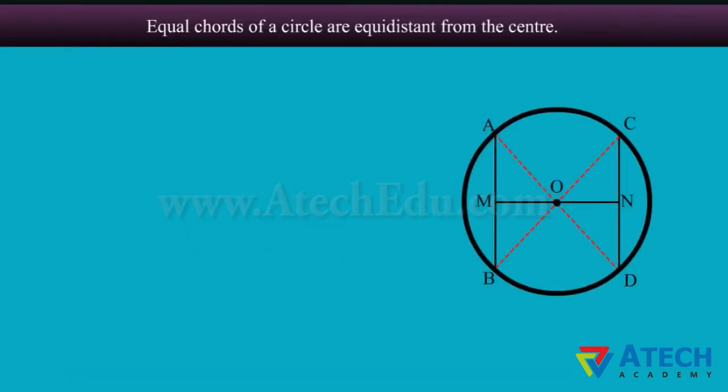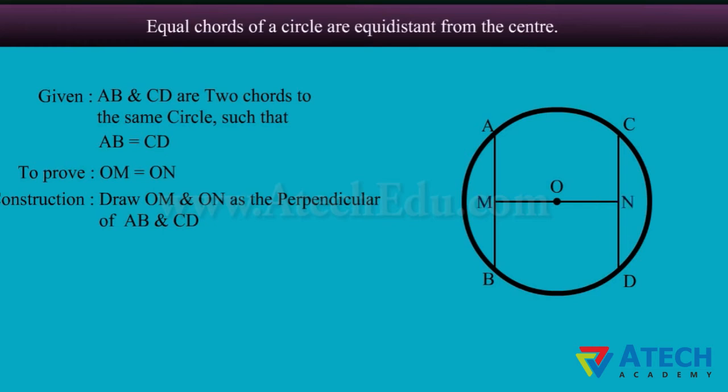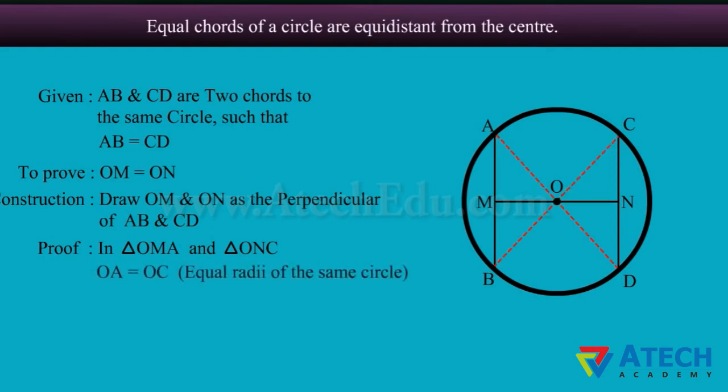Equal chords of a circle are equidistant from the center. It is given that AB and CD are two equal chords. We have to prove that their perpendicular distance from the center, OM and ON, are equal in lengths. In triangle OMA and triangle ONC, OA and OC are equal radii of the circle.